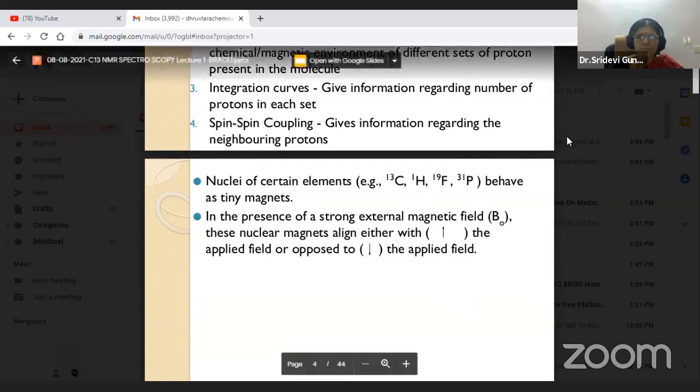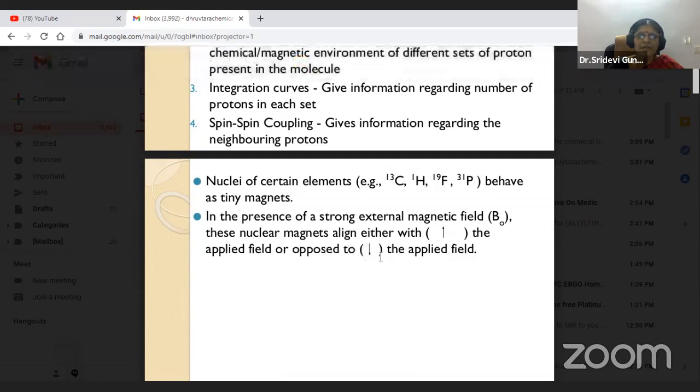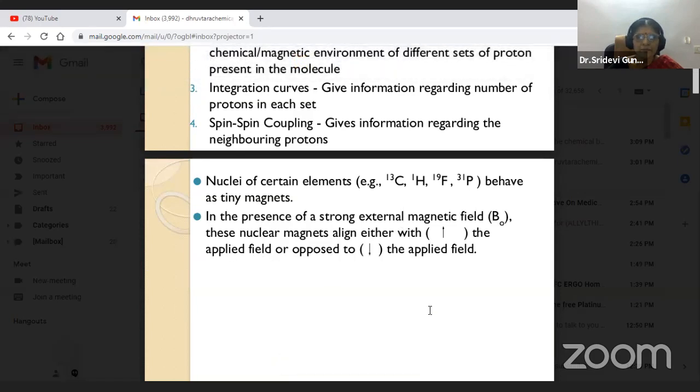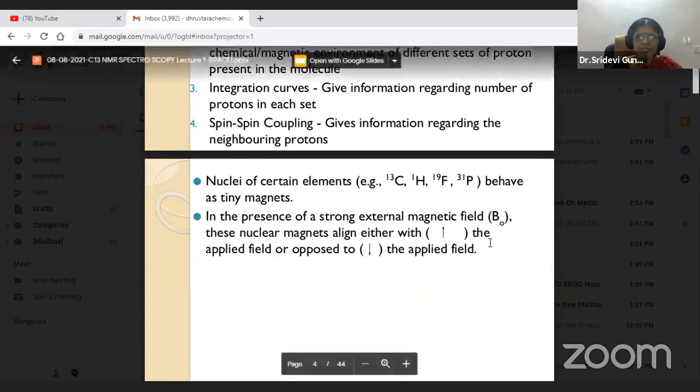So there will be some net magnetic moment. And there are nuclei that are aligned opposite to the applied magnetic field, so they have a little bit higher energy. So the nuclear spin states have different energies.